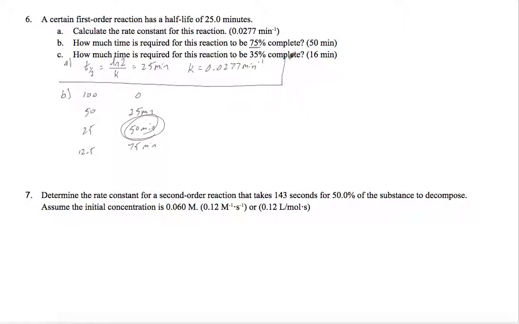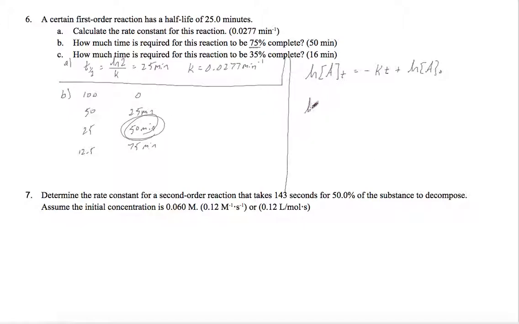Now, instead for letter C, we have 35%, which does not fit into a table, and since it's not linear, we can't use this method to figure it out. We have to use natural log of the concentration at time t is equal to negative constant times time plus natural log of the concentration of the reactant initially.